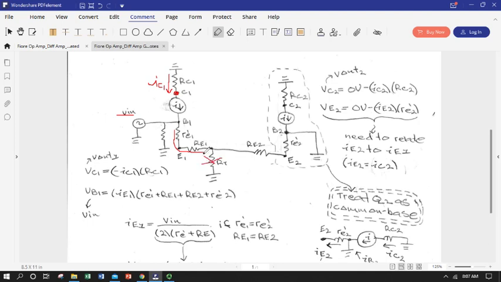This isn't open because RT is huge. So that same IE1 is going to flow, and it's going to continue to flow through the bias resistor, emitter resistor of the second amplifier, and we're going to get to E2. It's going to flow through the emitter output resistor of the second transistor, and then it can flow to ground.